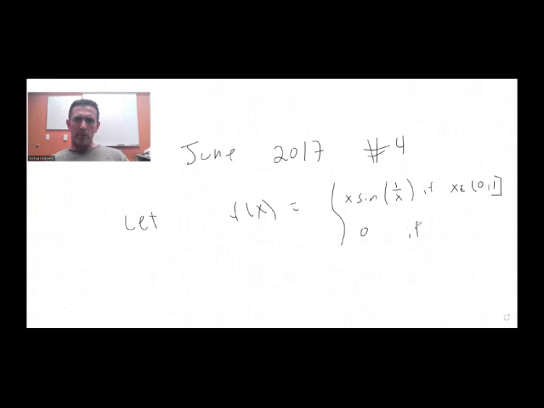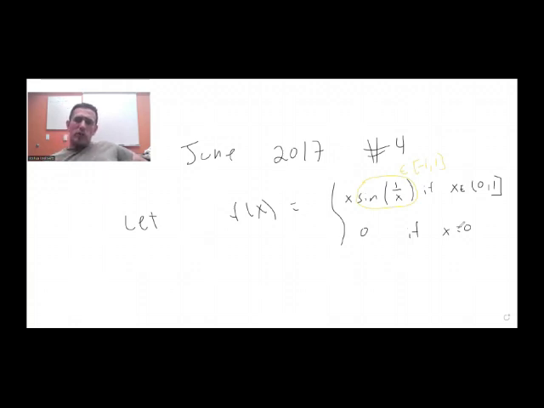And we want this to be continuous, so obviously the limit of the top as x goes to 0 is 0, because sin(1/x) is always between -1 and 1. So this has to be 0 if x equals 0.